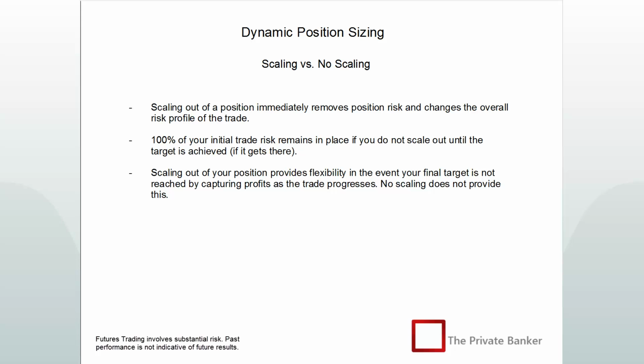Scaling out of your position provides flexibility in the event that the final target is not reached, and you're capturing profits along the way. You're working a position, cycling through profits and protecting your core. Whereas no scaling provides really just 100% risk the whole time, unless your trade is hit, or if you have some sort of stop trailing method.